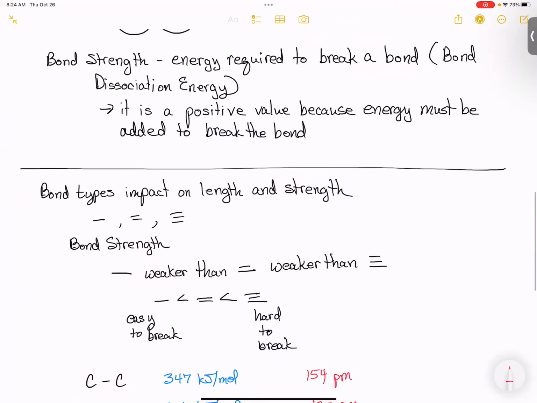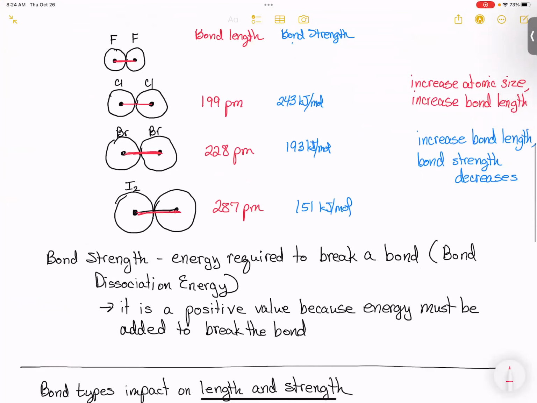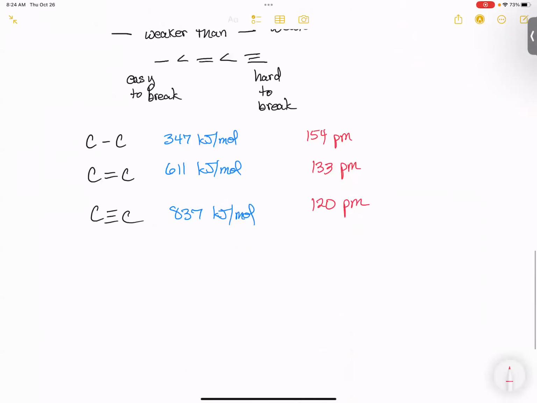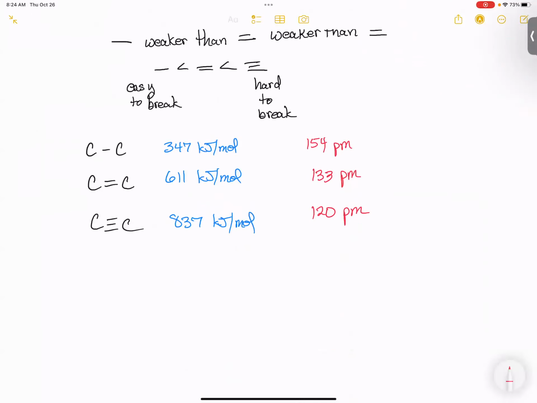In other words, folks, the statements I made up here with respect to bond length and strength still fit with double and triple bonds. The longer the bond, the easier it is, the less energy that is required to break it.